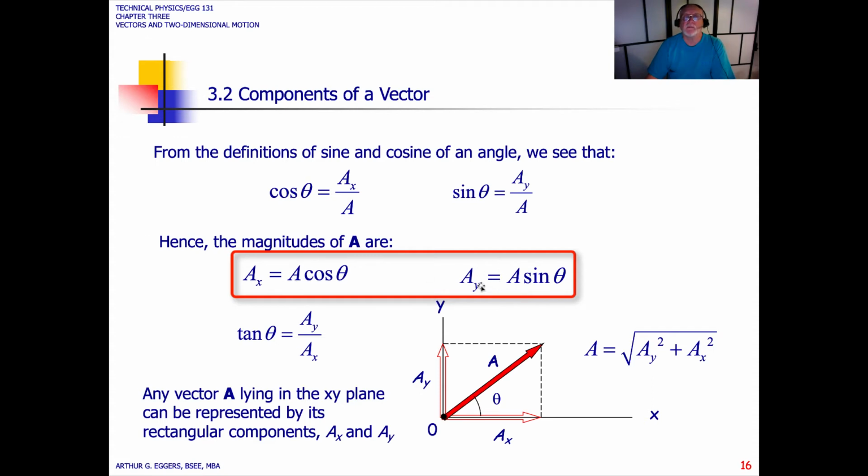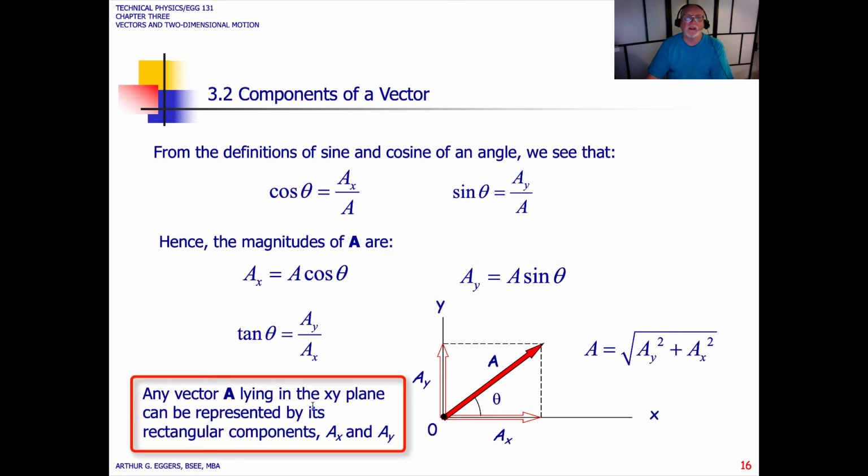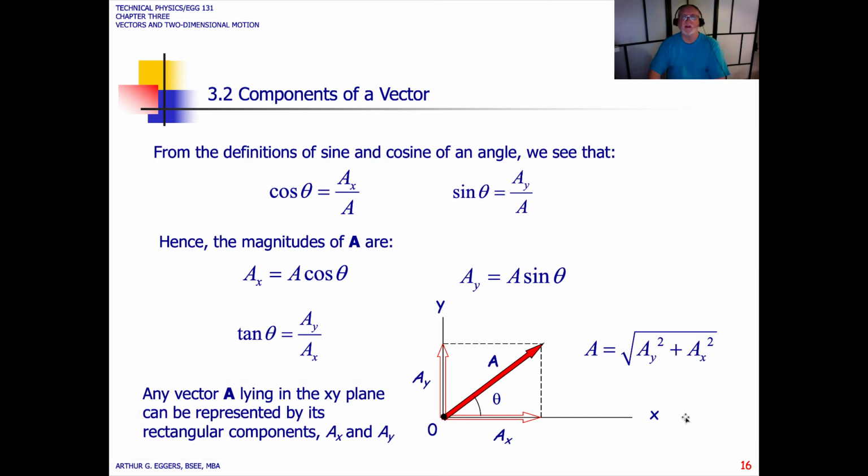And I do the same thing, a sub y is equal to a times the sine of theta. So any vector a lying on the xy plane can be represented by those components, and that's how we get the numerical value of a sub x and a sub y, so that we can determine what that component is, a sub x, and what that component is, a sub y.